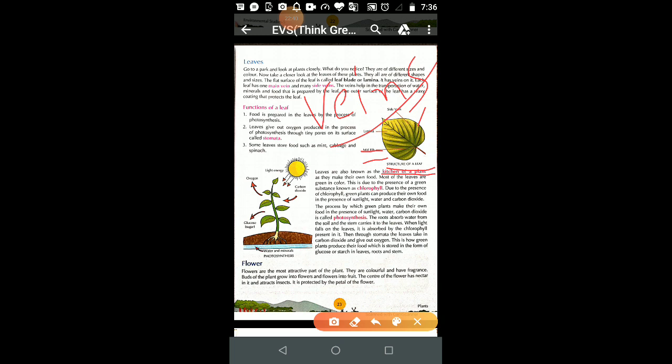Now see student, observe this picture. Now how does the process of photosynthesis take place in plants, and in which part of the plant? Leaves. Now I will explain you in detail.